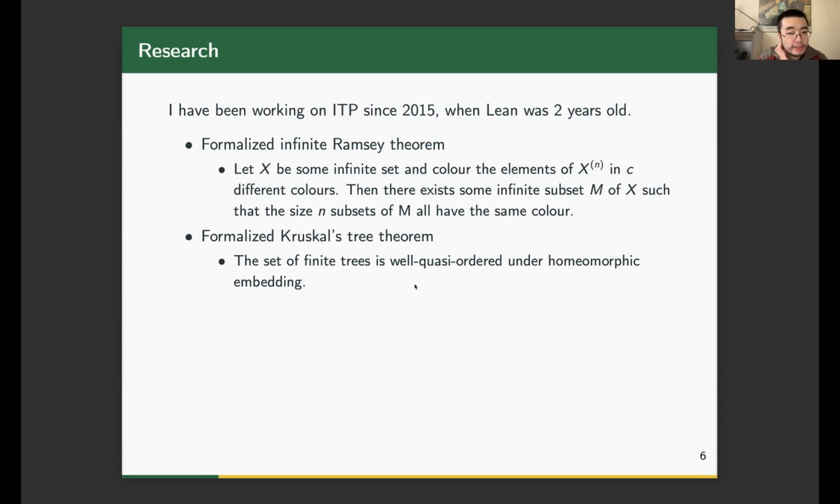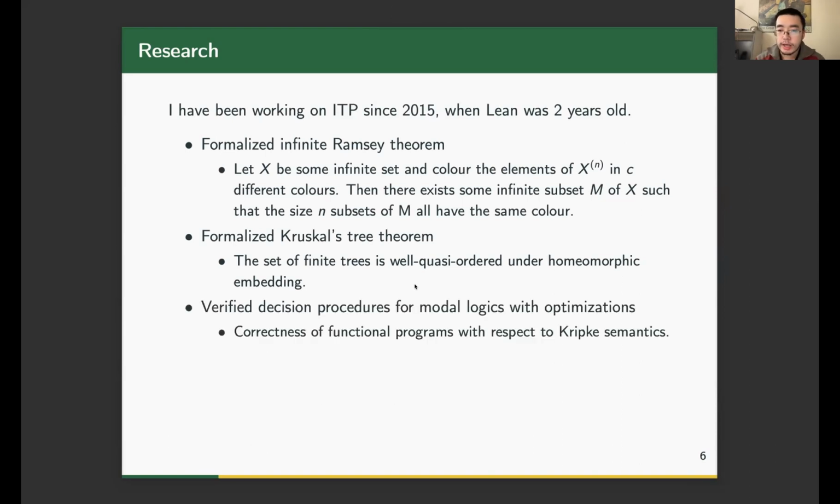This basically says that the set of finite trees is well quasi-ordered under homomorphic embedding. I also have verified decision procedures for modal logics with optimizations. The way we did it is that we implemented these decision procedures as functional programs, and we verified the correctness of these functional programs with respect to Kripke semantics.